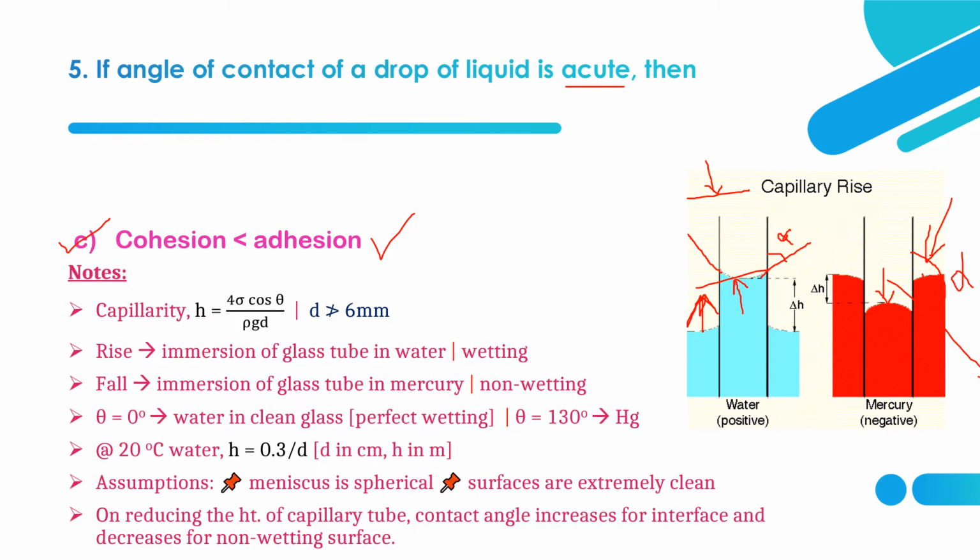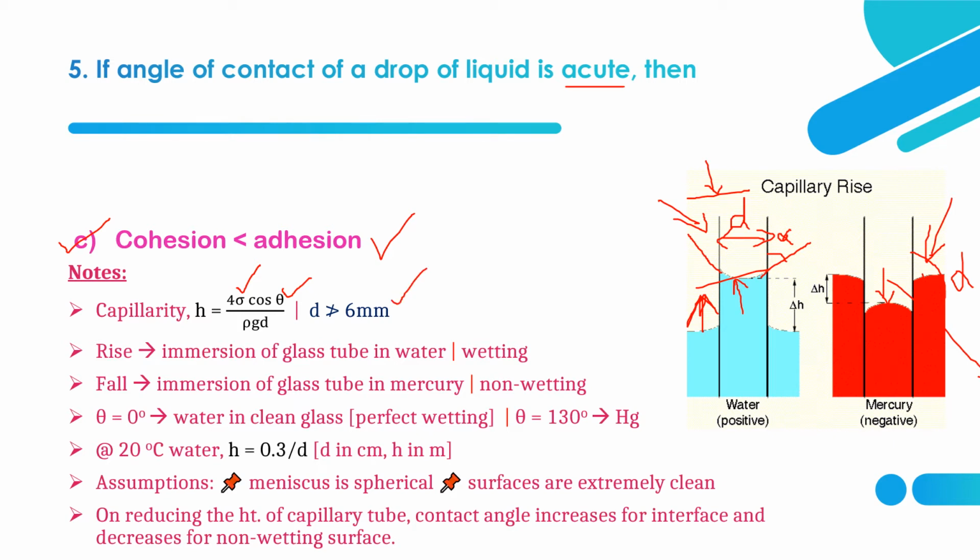Capillarity is given by h is equal to 4 sigma cos theta by rho g d, where theta is the angle of contact, sigma is surface tension, and d is the diameter of the capillary tube. This is the capillary tube. The diameter of this is denoted by small d, and the capillary tube size shall not be more than 6 mm.